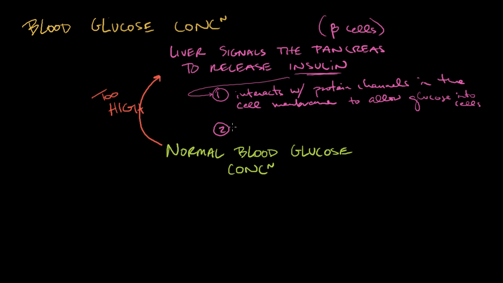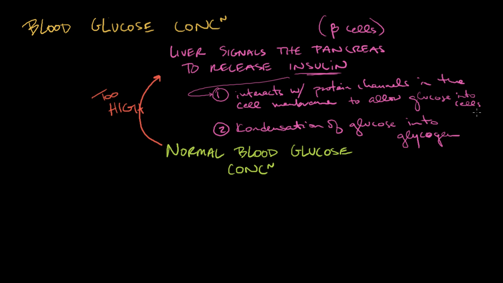And two, when it's in the liver itself, it allows for the condensation of glucose into glycogen. And you do need to know how to spell that. So you need to know that insulin does two things.